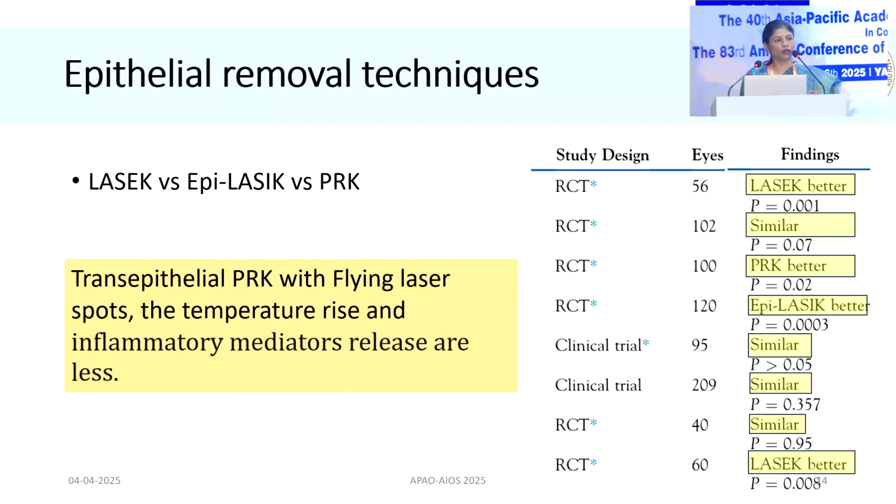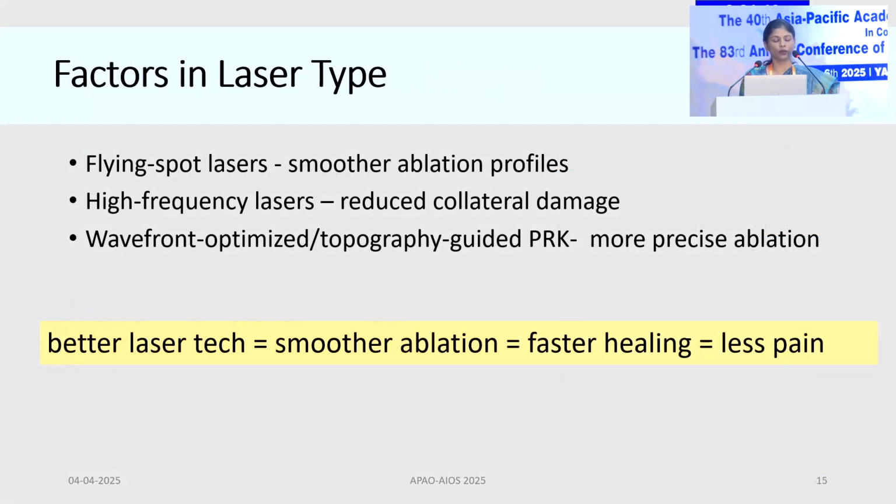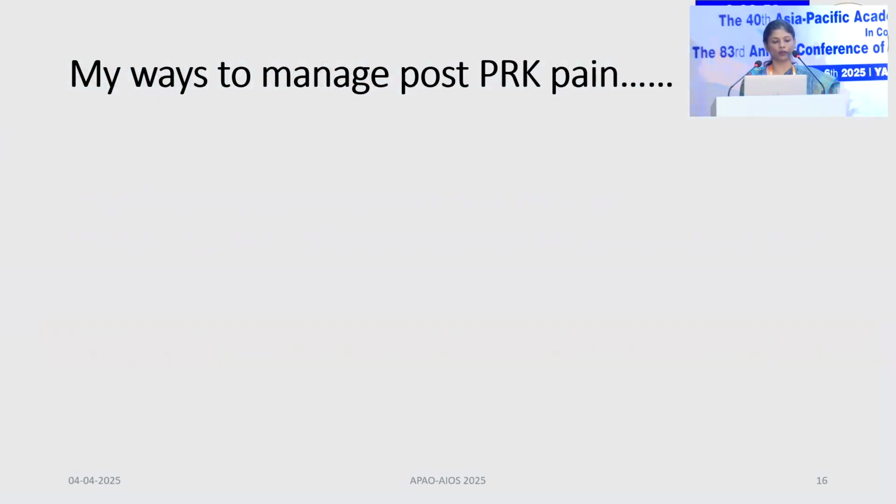But the point to note here is that transepithelial PRK with the flying laser spot definitely gives lesser inflammation and less discomfort in comparison to the other types of epithelial removal technique. Now in laser type, if we are providing a smoother ablation profile and lasers with lesser collateral damage and more precise ablation, definitely the better laser technology gives smooth ablation and leads to faster healing of epithelium and so lesser pain in the post-operative period.